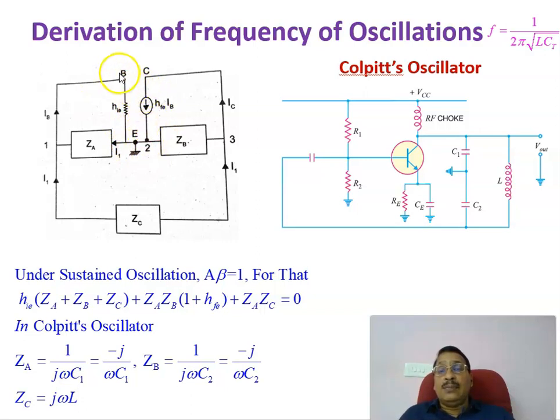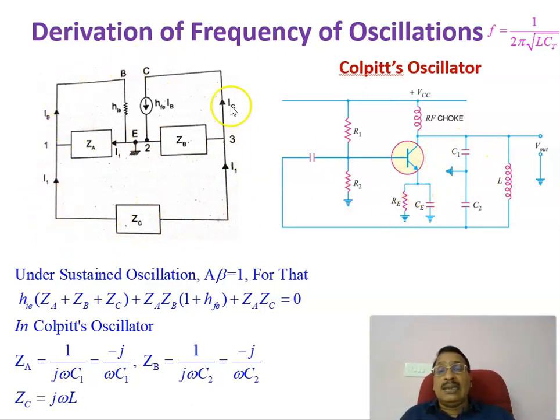This constitutes the transistor, and at its output, the feedback path consists of impedances Z1, Z2, which we call ZA and ZB, with the center grounded, and across ZA and ZB you connect another impedance ZC.